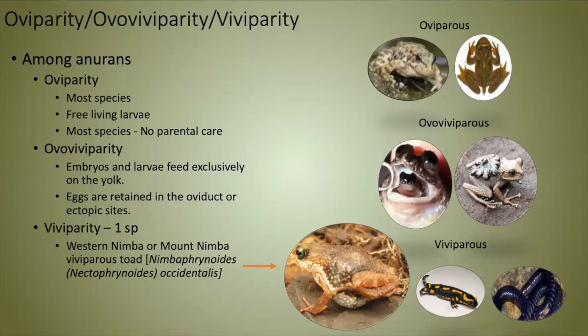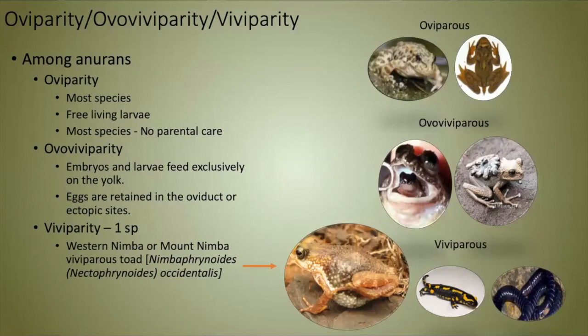We also find ovoviviparity. The fertilized egg and embryo, in this case, develop inside the mother's body. The embryo and larva will feed on the egg yolk, and eggs are usually retained in special cavities, ectopic sites, such as the oviduct, or a special chamber on the stomach in some species.